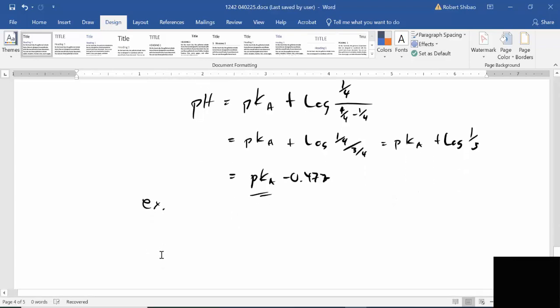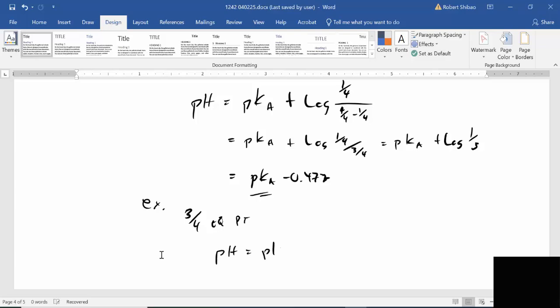We'll do the next example. The next example is at the 3/4 equivalence point. At the 3/4 equivalence point, the pH is equal to the pKa plus the log. So if I neutralize 3/4 of my acid, then that gets converted into product, base here. So it's going to be 3/4 base, and then how much do I have left over unreacted? I only have 1/4 left unreacted. And so what that gives me is pKa plus the log of 3/1.